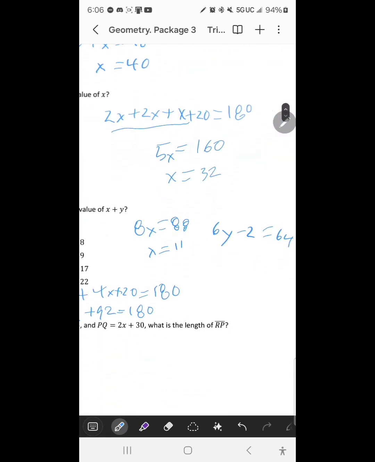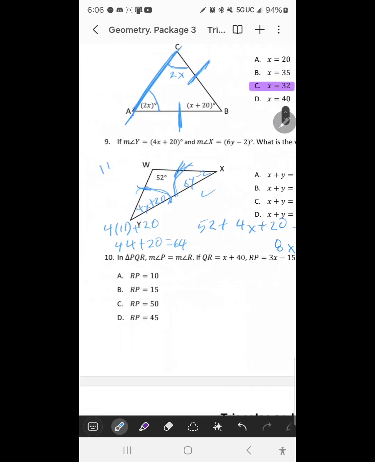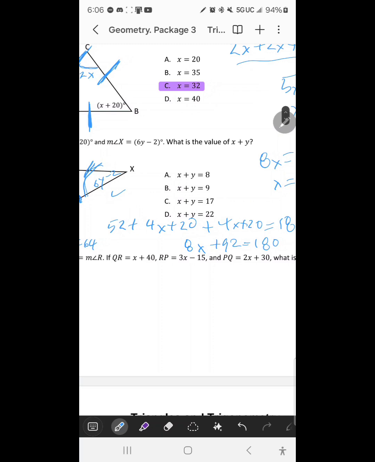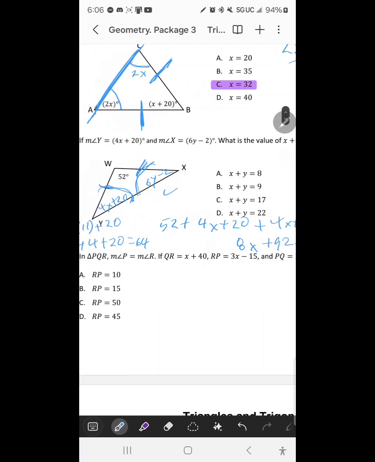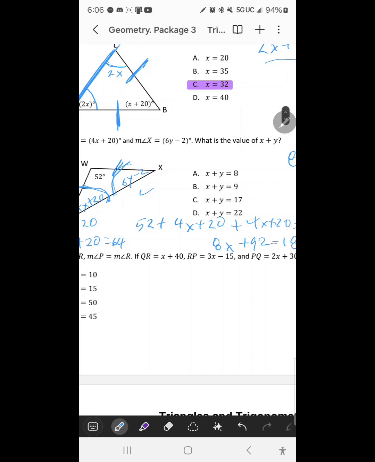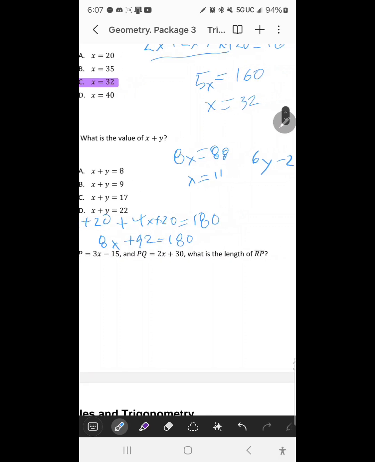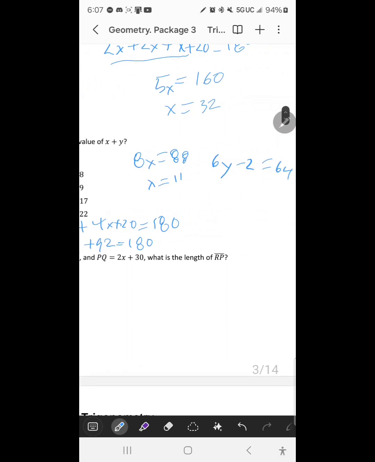I'm going to solve for this. I get that 6y equals, I add 2 to both sides, I get 66, like 64 plus 2 is 66.